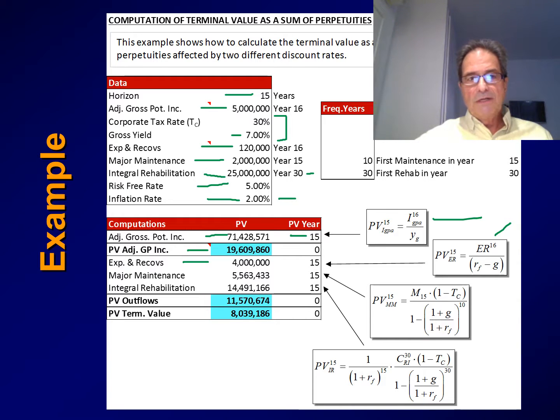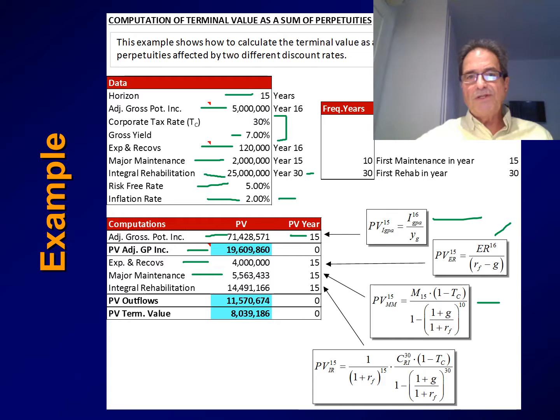Major maintenance: we just apply the formula that we saw before, the long formula. In this case, given that the first major maintenance takes place in year 15, the same year of the horizon, we don't have to discount from year M to year N. So the formula is simplified to this one here.